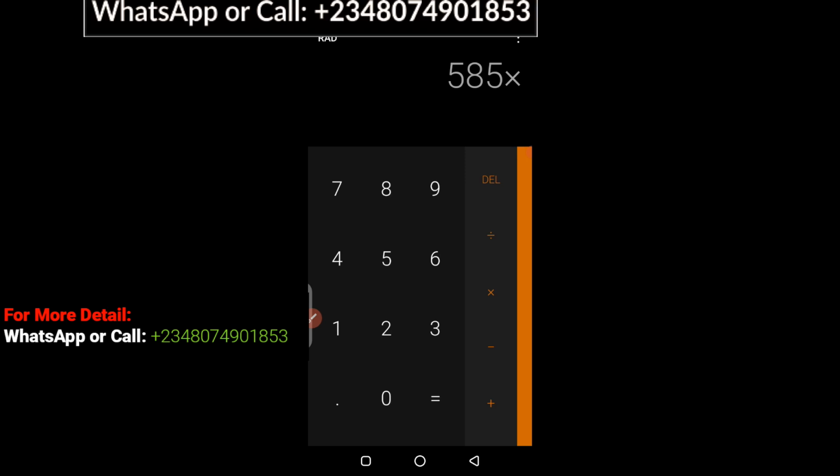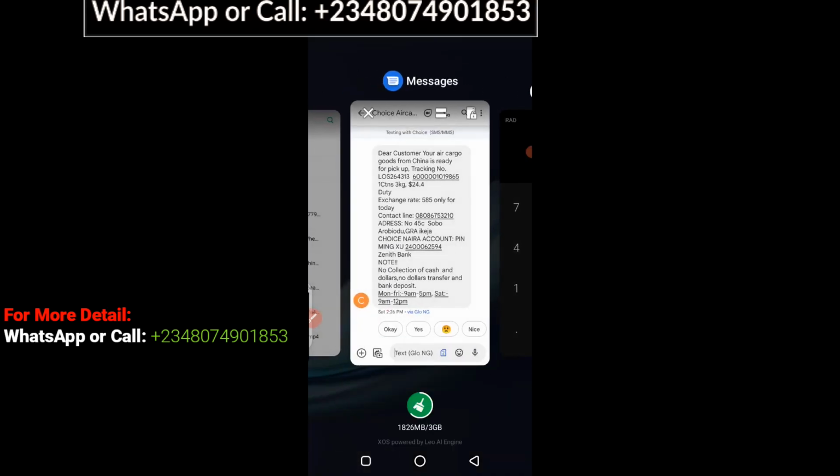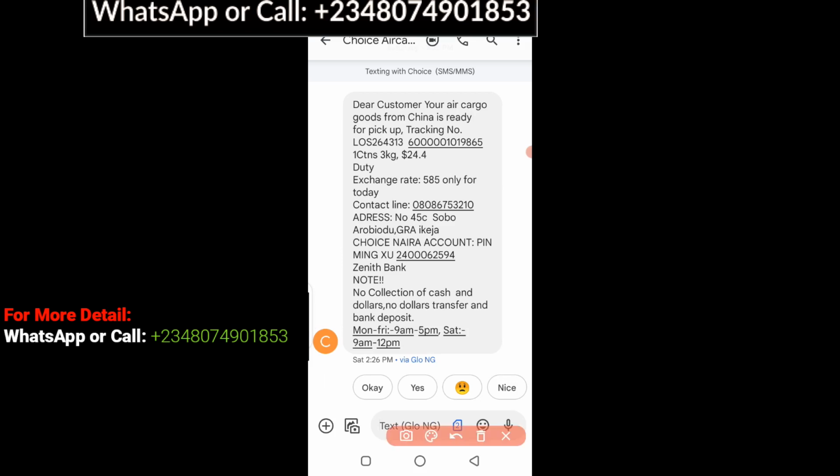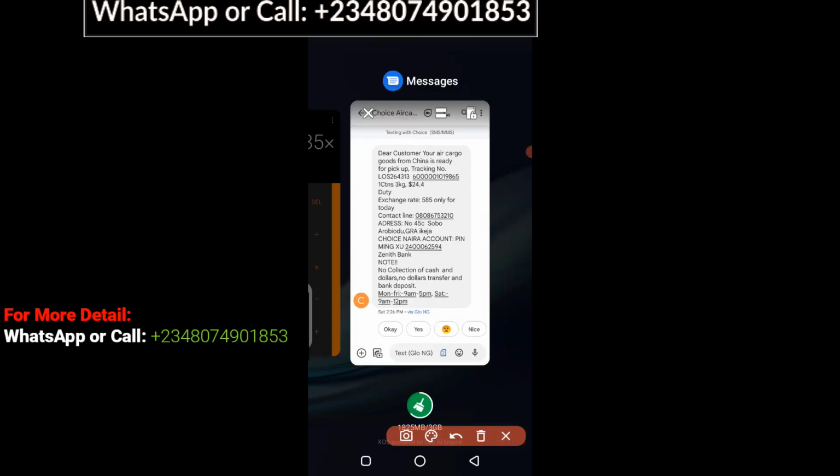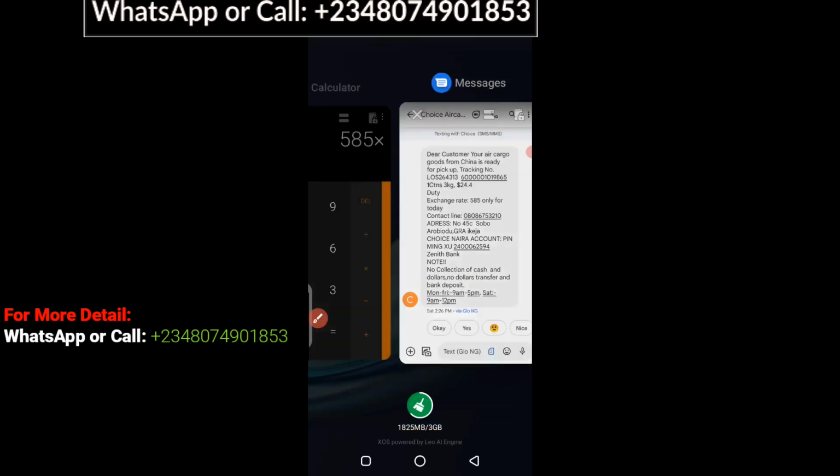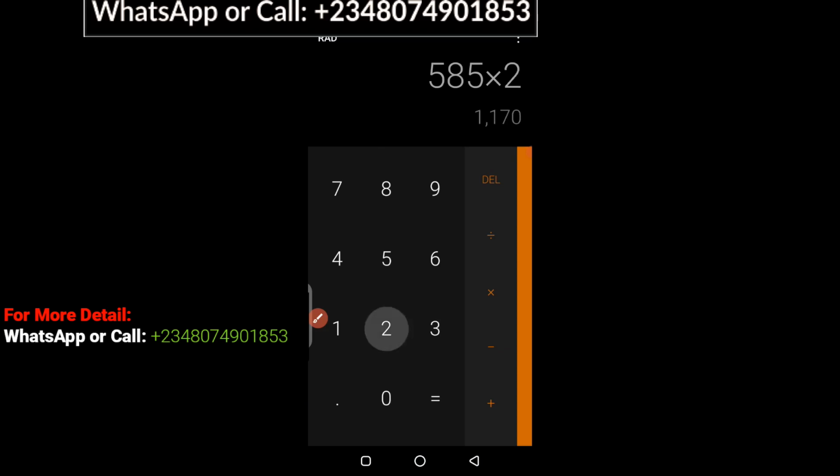You have to pay them in your country's local currency. So I have to go back to the amount I was charged, 24.4 USD. So I go back to my calculator and multiply this by 24.4.